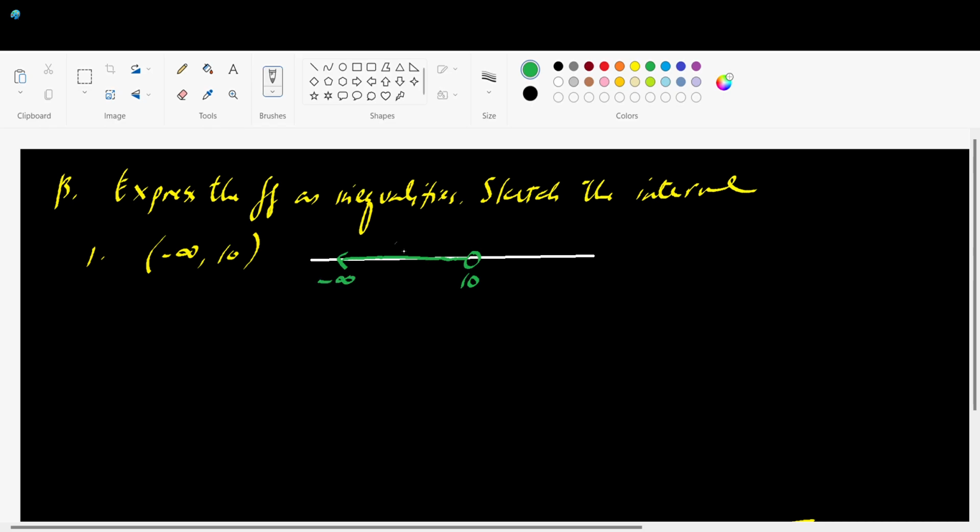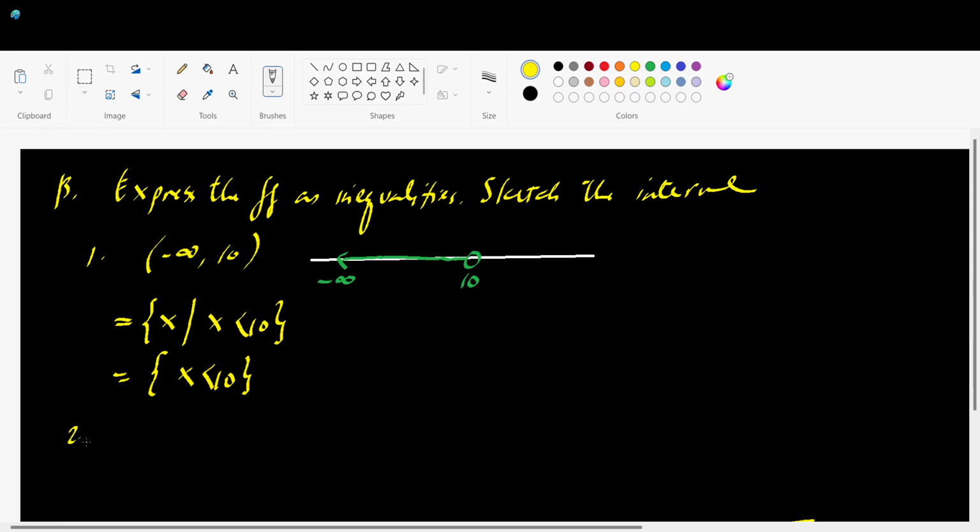So the inequality corresponding to that is the set of all x's such that x is less than 10. Or you can just write the inequality x less than 10. Alright?